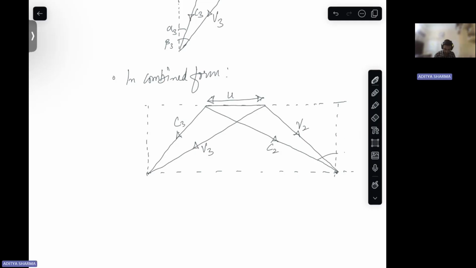And these are fluid angles and blade angles. Right?